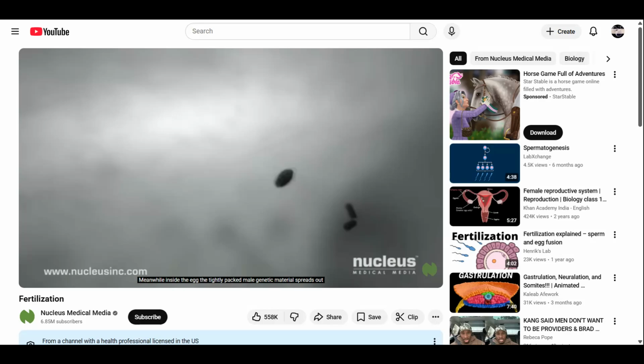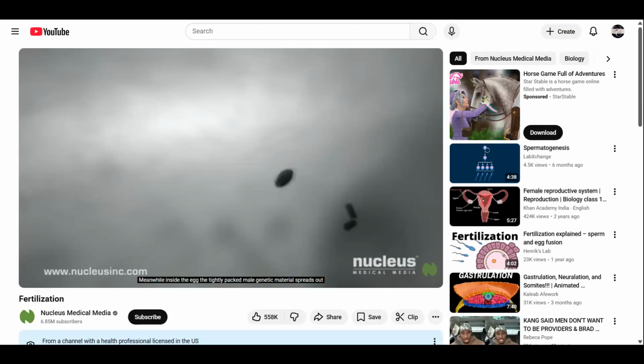The egg is a type of cell that doesn't do mitosis.